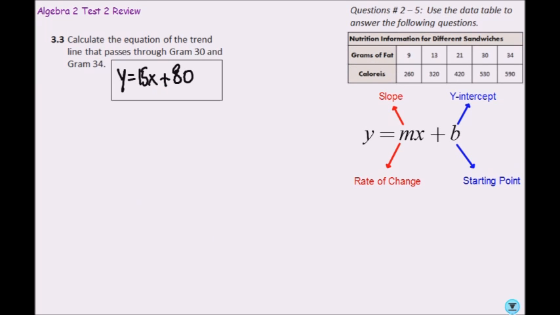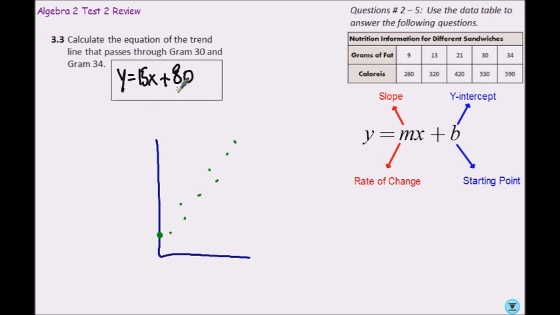On 3.3, we got y equals 15x plus 80, and what that's saying is, again, this was our example of sandwiches, and the more fat you have in the sandwich, the more calories it's going to have. So what it's saying is that something that's fat-free, right? Because even if something's fat-free, it still has calories in it.